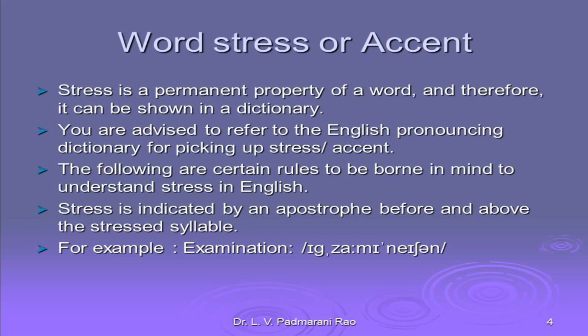So, according to the rule, with the words that are ending with tion, the syllable which is present before the tion is accented, and hence you could see a small apostrophe before and in front of the last but one syllable. If you look at the sound n, on top of n, you could find a small apostrophe, which is the stress that is given to that.